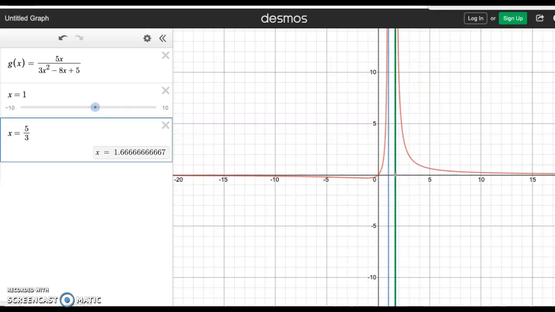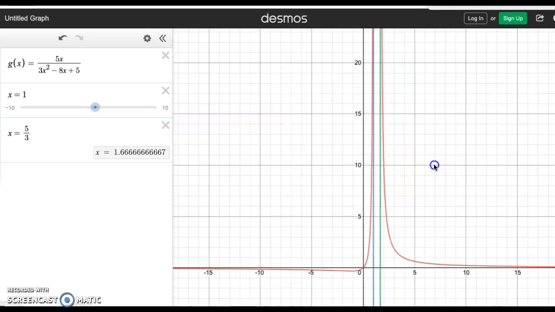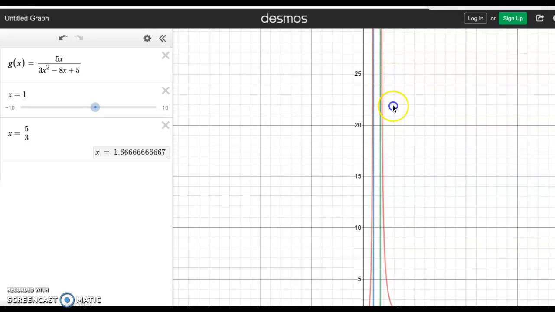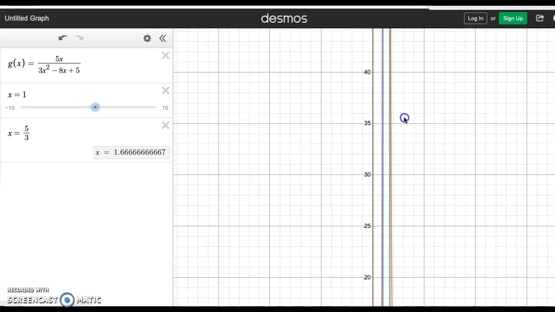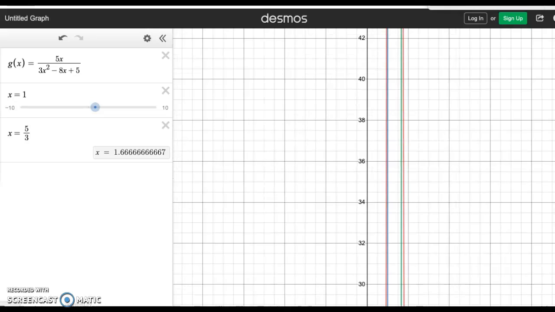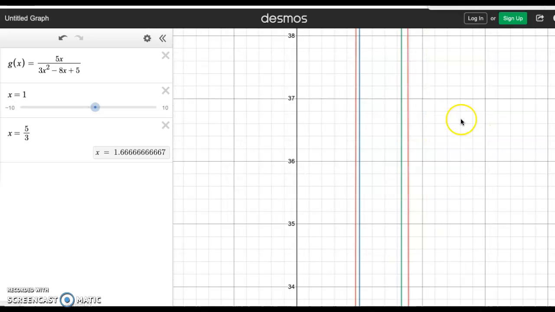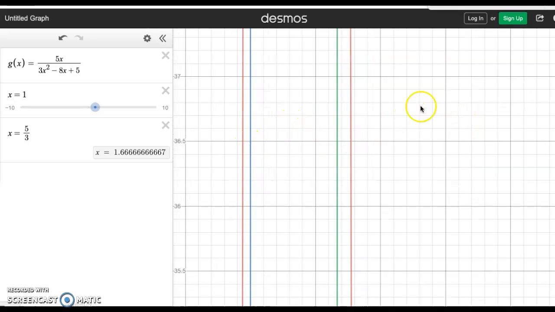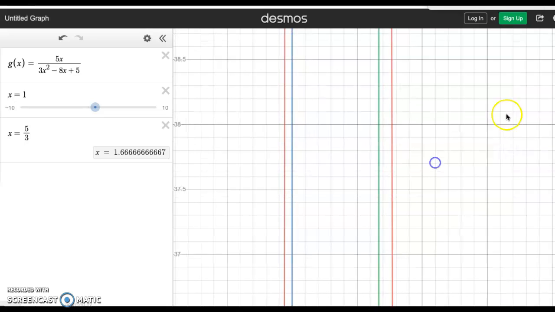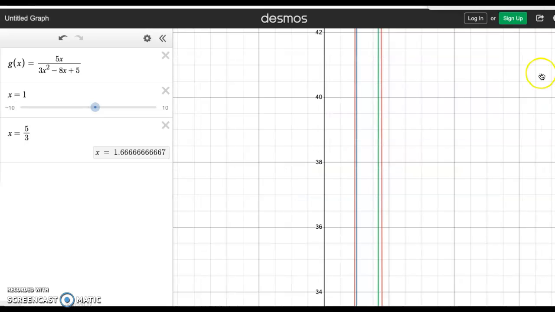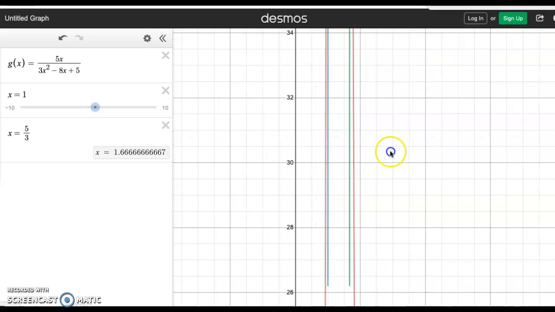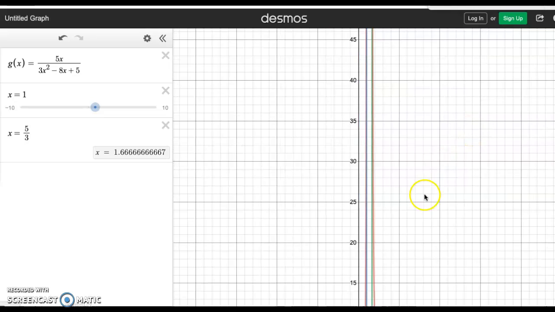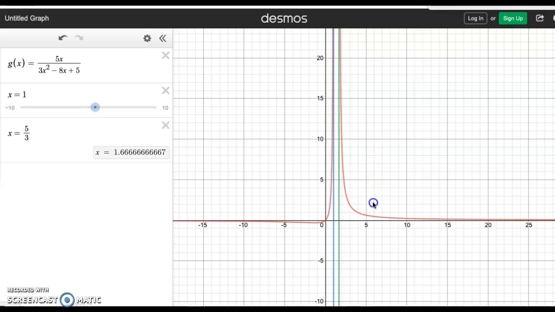So let me just zoom out real quick and just show you that on either side the graph is getting closer and closer to those blue and green lines, but as I scroll up and up, they never actually hit those values. And same thing if I went down. Zoom a lot out, I guess.